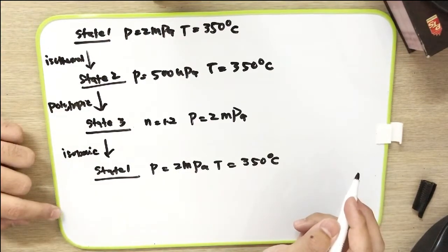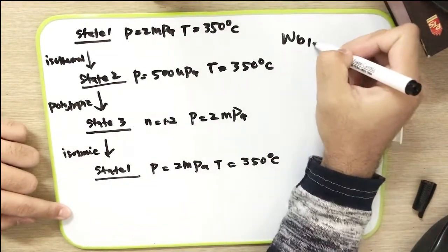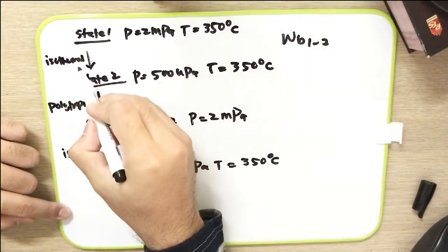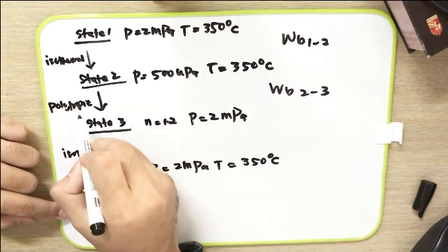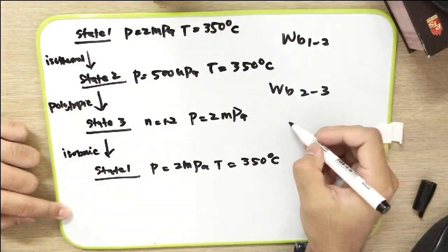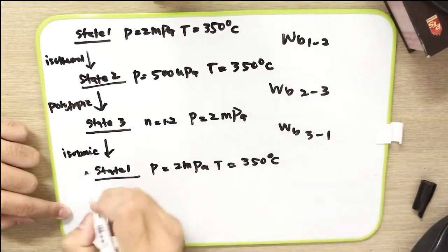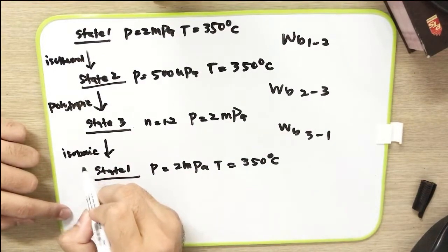So we need to find the boundary work for 1 to 2 at the isothermal process, WB 2 to 3 at the polytropic process, and 3 to 1 at the isobaric process.